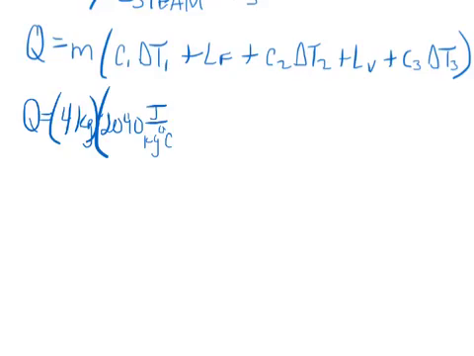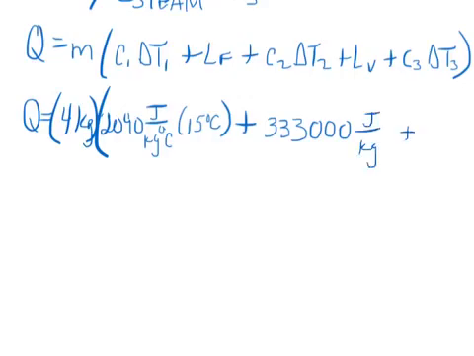Well, we went from negative 15 to 0, so let's put a change in temperature of 15 degrees Celsius. That's the first part. Plus the latent heat of fusion, which is given in our book as 3.33 times 10 to the fifth, and its units are joules per kilogram.